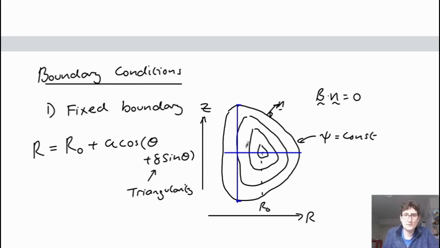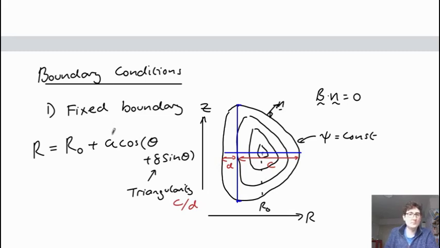So I label this distance here C. This one D. So this triangularity is C over D. So that measures how triangular the plasma looks.